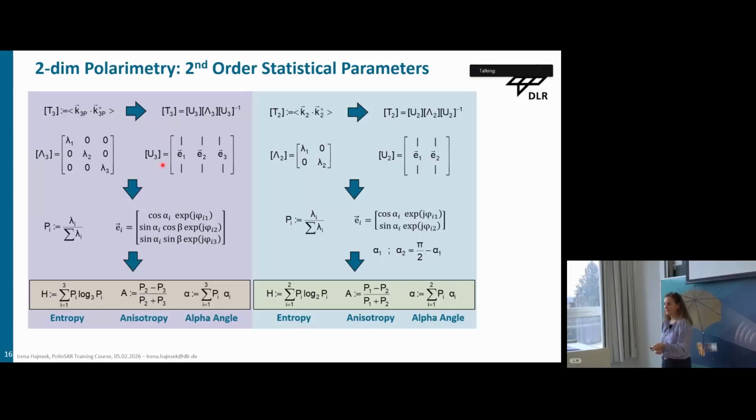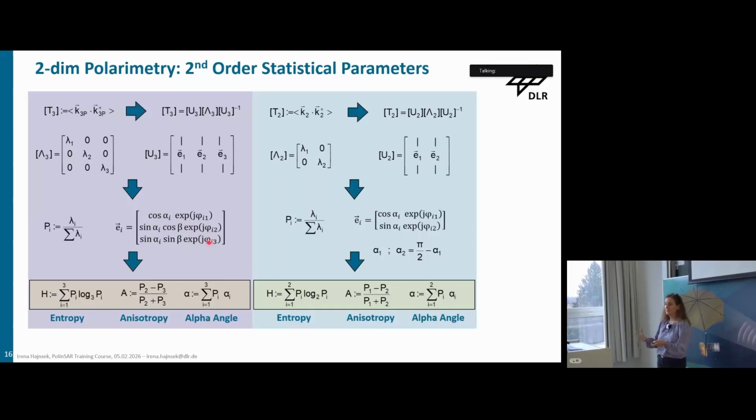And then, as said, we are sorting the eigenvalues, and we are also averaging, making a mean out of the eigenvalues, and the eigenvectors can also be written as a unitary vector with the 5 angles that you have heard about already.